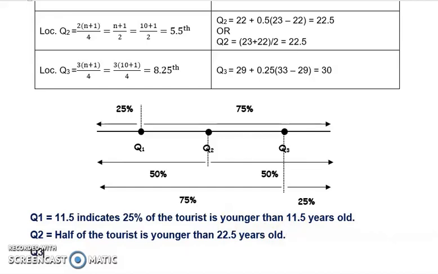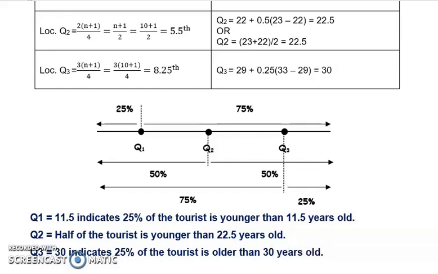Lastly, Q3. How to interpret Q3? Q3 is 30. So what is meant by 30? If you look at Q3 here, 25% are more than Q3, whereas for Q1 just now, 25% is less. So 30 indicates that 25% of the tourists are older than 30 years old.